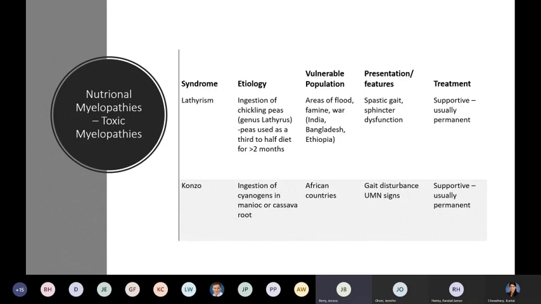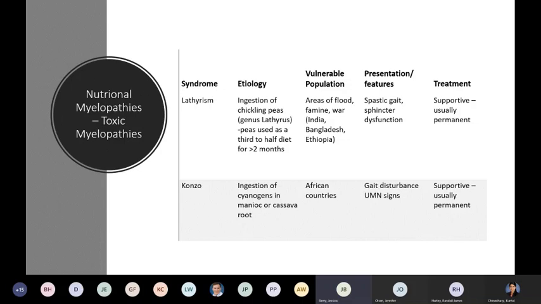So toxic myelopathies are more common in other countries. Lathyrism is associated with ingestion of chickling peas, and this is when this particular substance is used as a third to half of the diet for greater than 2 months.